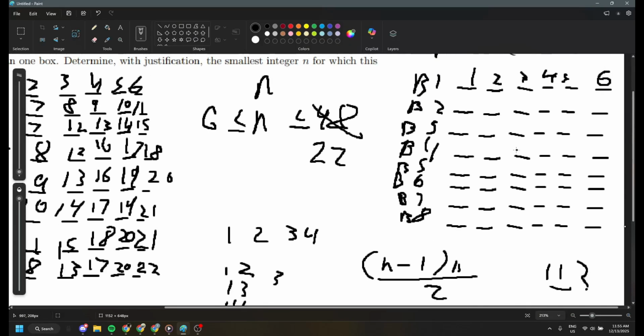So let's think about this. We need pairs of numbers. We need how many distinct pairs of numbers? Why don't we go through this again?